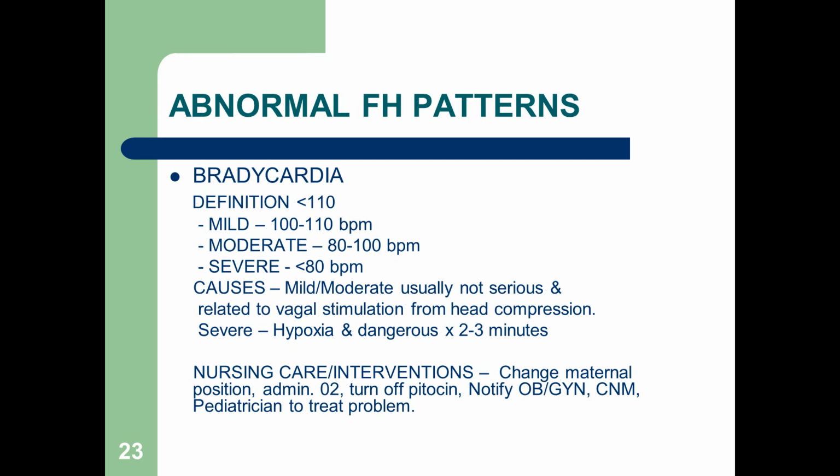Now, if you've got a baby whose heart rate's going less than 100 and staying there, you've got a baby in distress, okay? Causes of mild to moderate are usually not serious, and may be related to vagal stimulation due to head compression, okay? Severe bradycardia, however, is probably due to hypoxia and is very dangerous if it persists for more than 2 to 3 minutes, because then you've got brain damage.